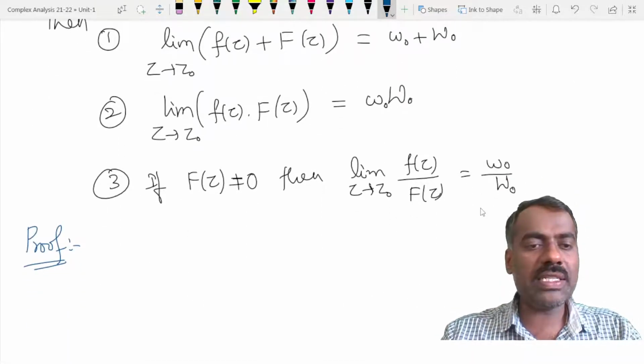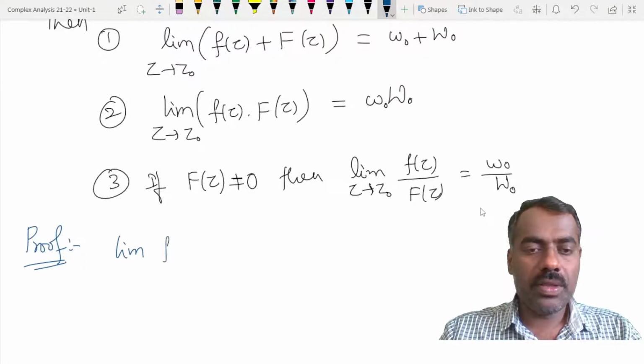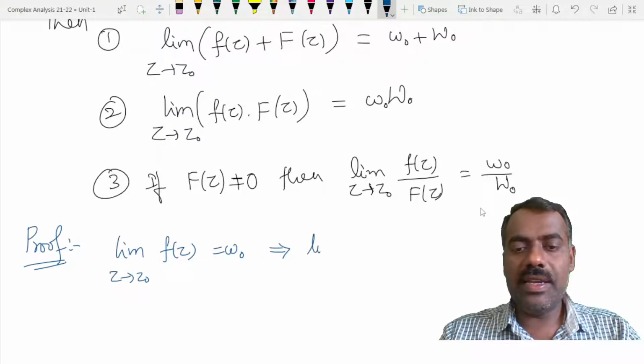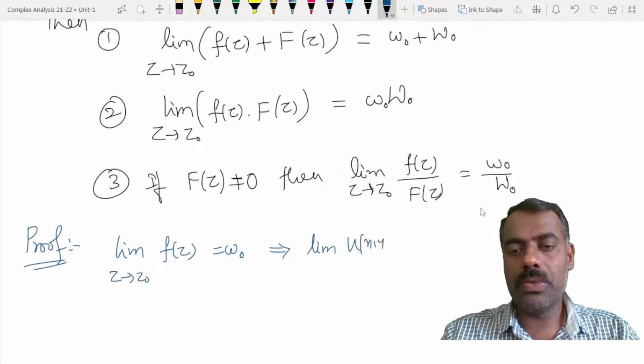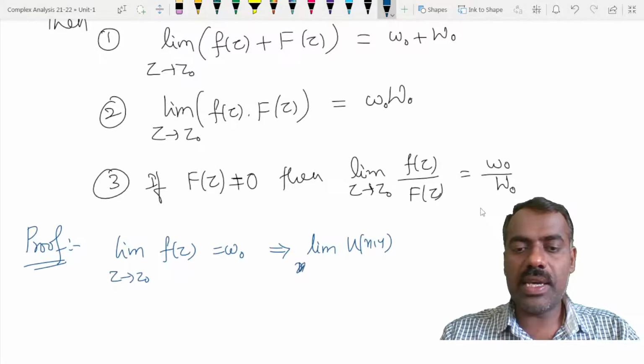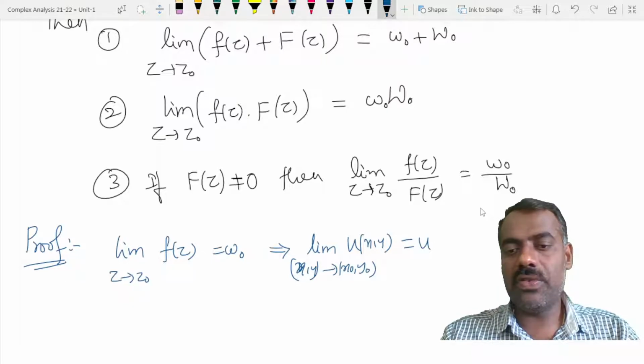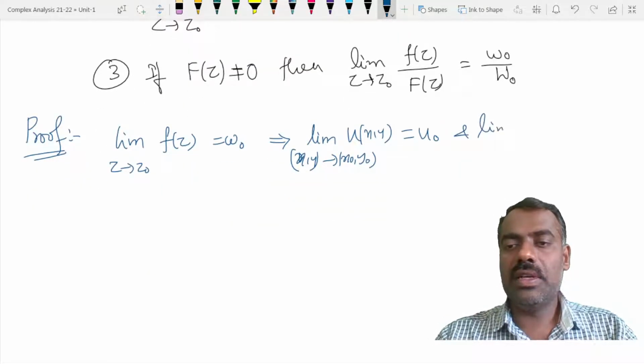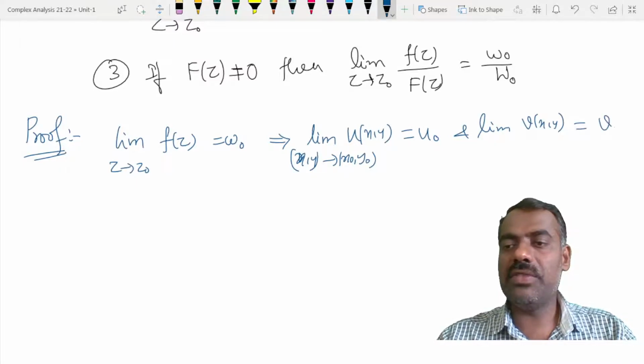So what is given to us? The limit of f of z as z tends to z naught is equal to w naught, right? This is the same as saying the limit of u of x comma y as x comma y tends to x naught comma y naught is equal to u naught, and the limit of v of x comma y is the same as v naught.